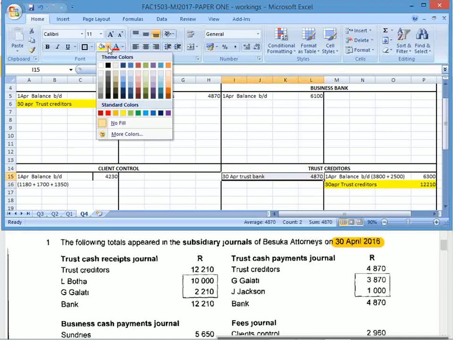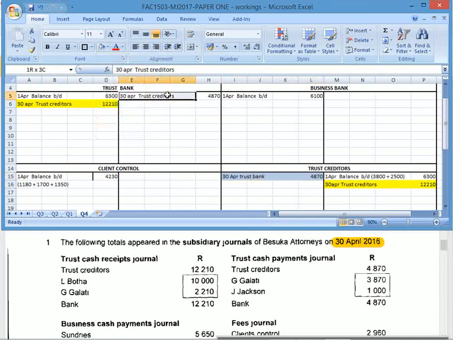Okay, so there's the debit, there's the credit. Makes sense. Everyone's so good so far.